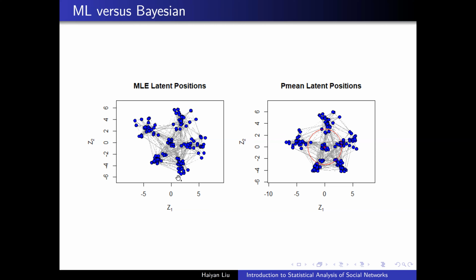This slight difference between the latent position estimates is due to the inclusion of priors in the Bayesian framework, because prior distributions are used, and they could influence the position estimate. Otherwise, those 2 methods give very similar position estimates.